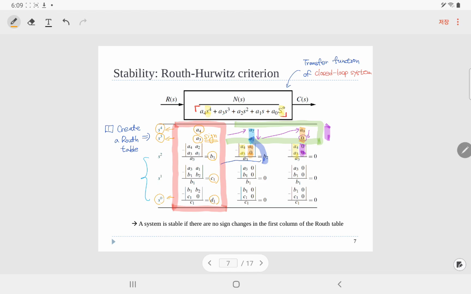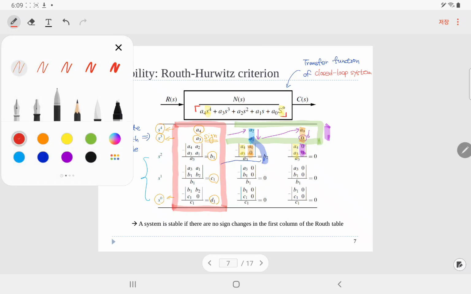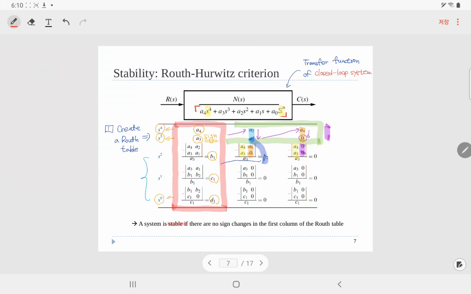From the Routh-Hurwitz criterion, you can say that a system is stable if there are no sign changes in the first column of the Routh table.